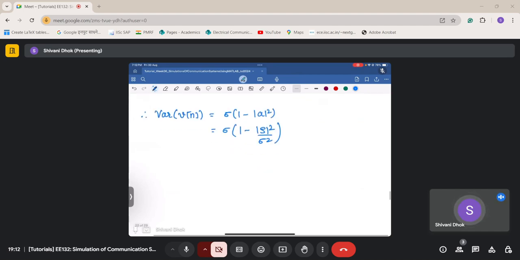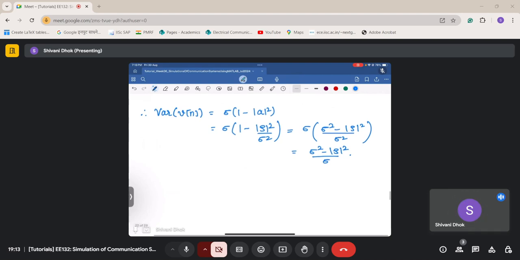Sigma is a real value, it is a variance. So this comes out to be sigma into sigma square minus magnitude of rho square divided by sigma square, which equals sigma square minus magnitude of rho square by sigma, and this is the final answer. This is the value of the variance of the innovation component.